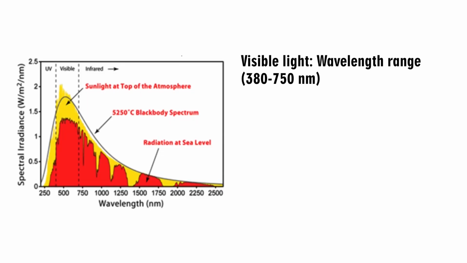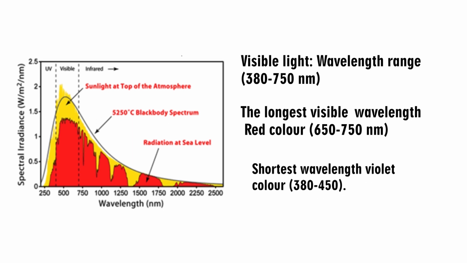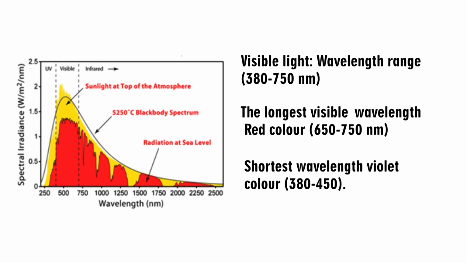The visible light covers the wavelength range of 380 to 750 nanometer. The longest visible wavelength is of red color, in the range of 650 to 750 nanometer, and the shortest is of violet color, in the range of 380 to 450 nanometer.